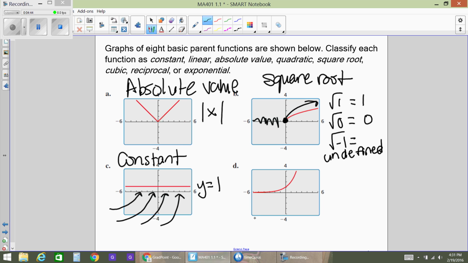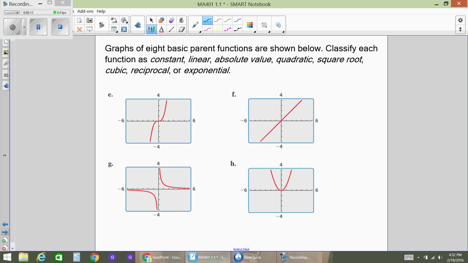Okay, over here when you see something like this, you're going to be thinking of exponential. That's where it starts really close to this asymptote, it's never actually going to cross into the negatives, and then it just shoots up, shoots toward the sky. It gets exponentially bigger. It grows quickly.